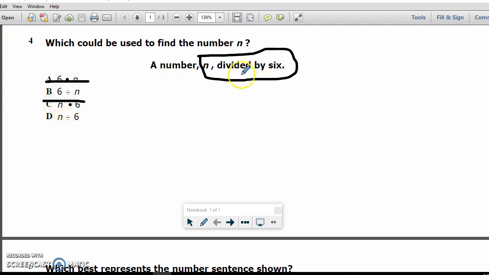Remember, back in our lecture, we talked about anytime you see divided by, you look for the problem that has the variable and the number in the same order as it is written in our verbal expression. So the only one that will work, we have n first, the division sign, and then 6. B won't work because we have 6 first in this problem. So D is our correct answer.